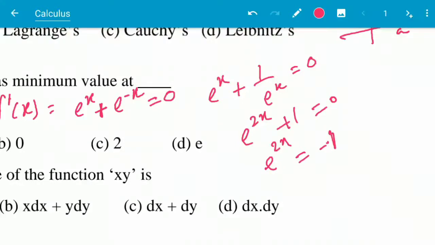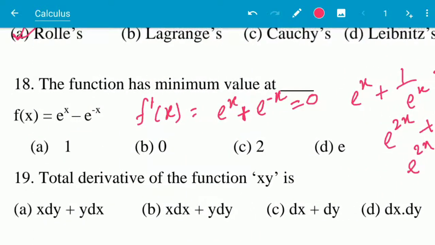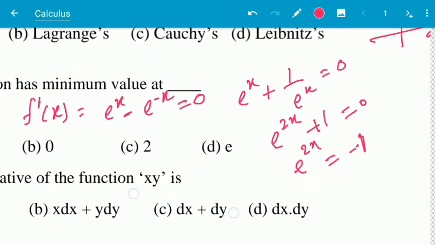Sorry, this is confusing something. This one is actually plus here, in the question this one is actually plus. So this will be negative. Sorry for the inconvenience.